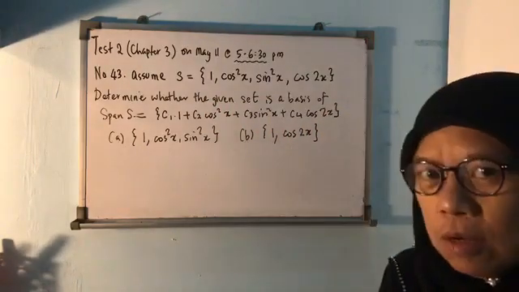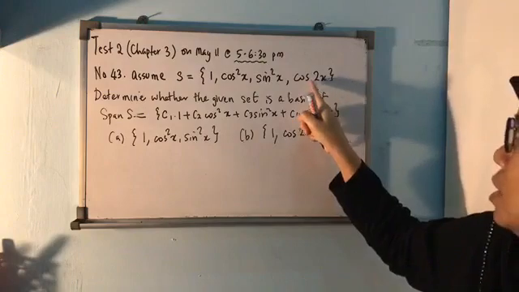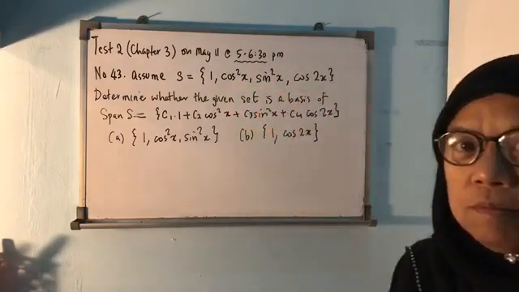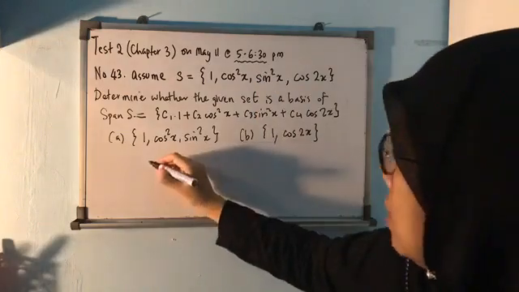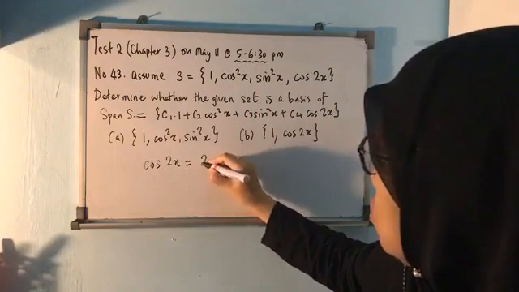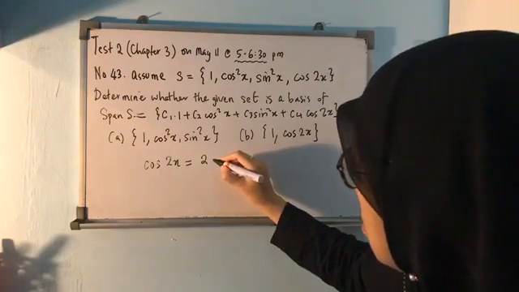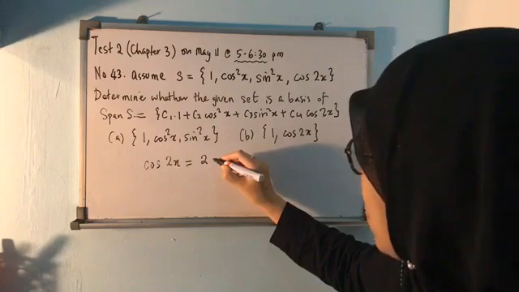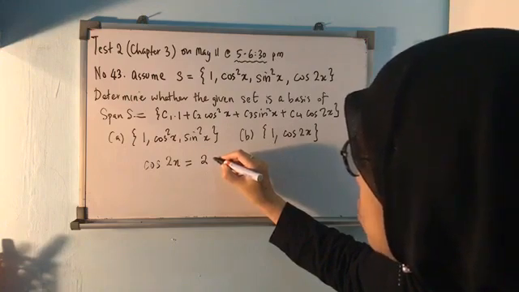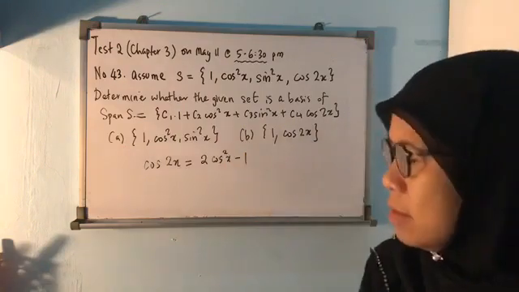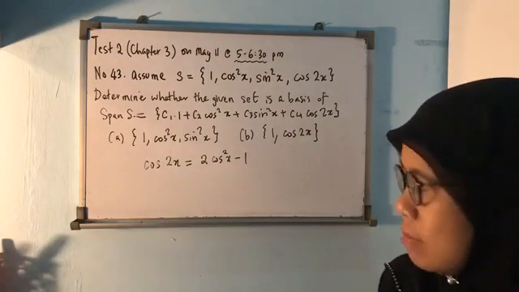What we know is cosine 2x can be written as these two. What is cosine 2x? Last time I wrote this, right? 2 cosine squared x minus 1. Right?